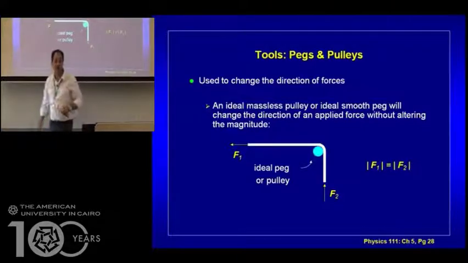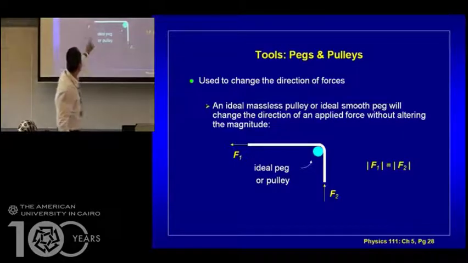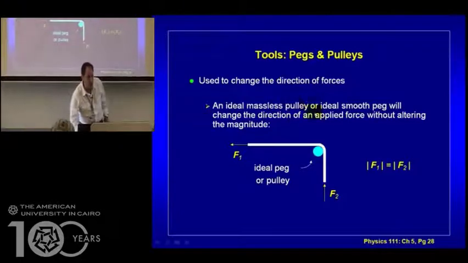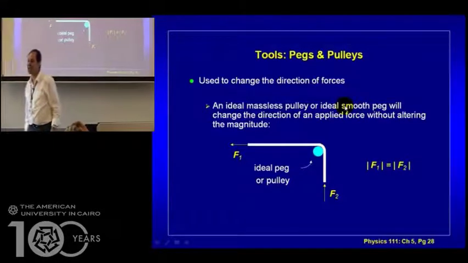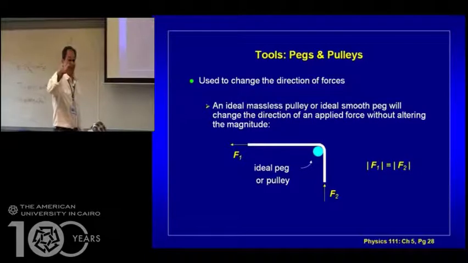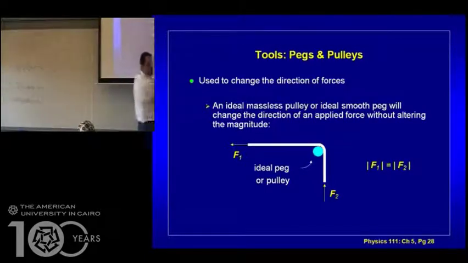That assumption, that it only transfers the direction of the applied force, holds only if the pulley is smooth, does not have any friction, and is very light, so we can ignore its mass compared to the other masses we hang from it.